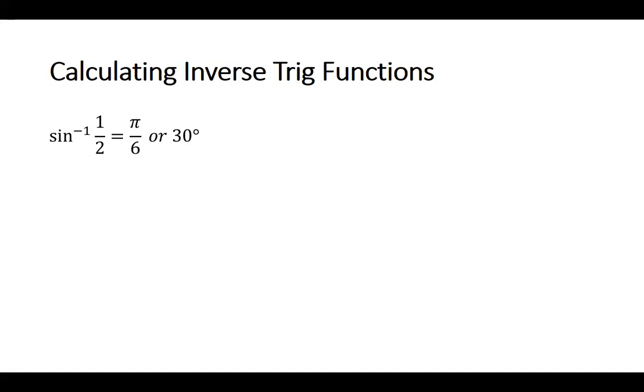And if we think about those triangles that I drew previously, remember I had my 1, 2, square root of 3 triangle that gave me 30 degrees and 60 degrees. And then I had my 1, 1, square root of 2 triangle that gave me 45 degrees.